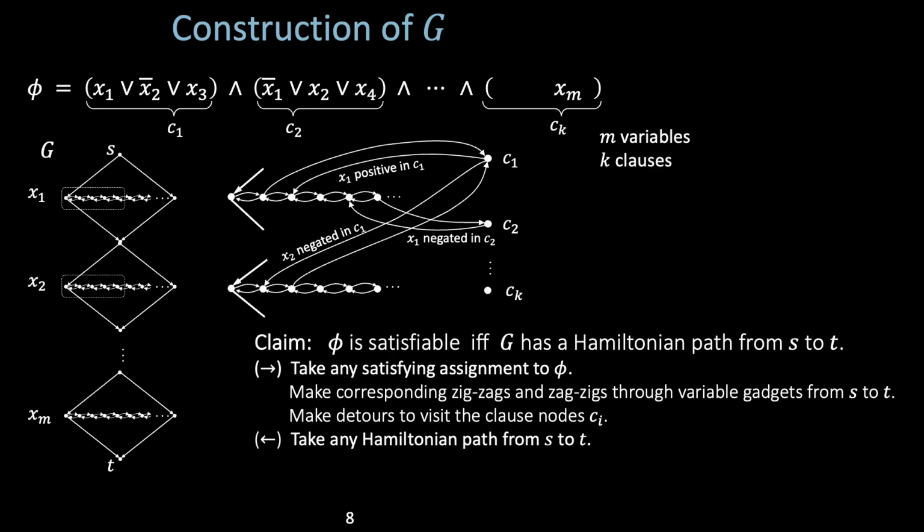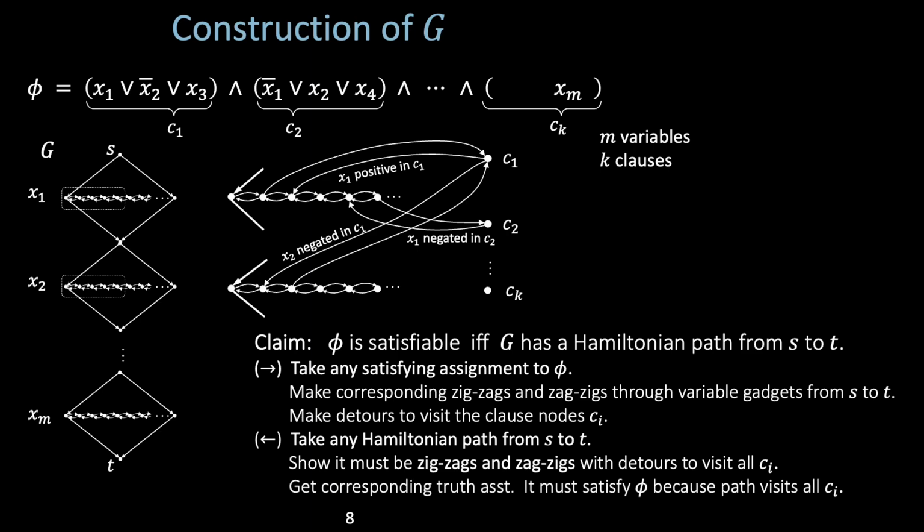In the other direction, if I have a Hamiltonian path from S to T, it's going to correspond to zigzags and zag-zigs with detours to visit all Ci. You do not need to know this proof. You just need to know that Hamiltonian path is NP complete and that we can make a reduction using 3SAT.